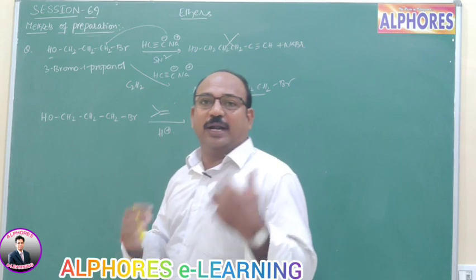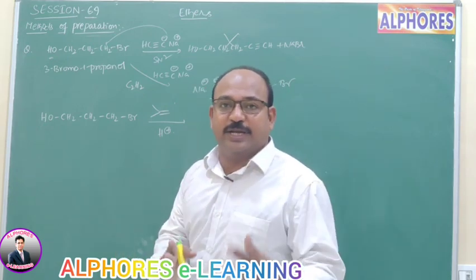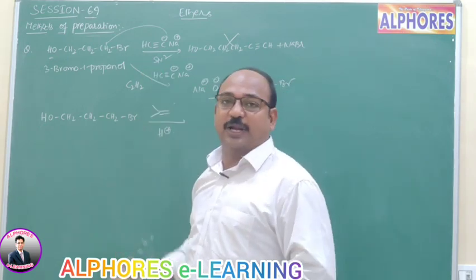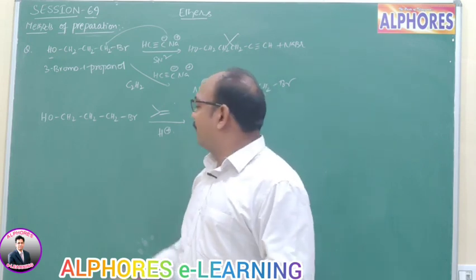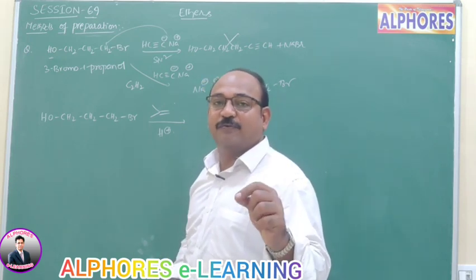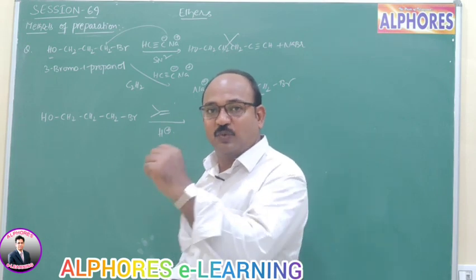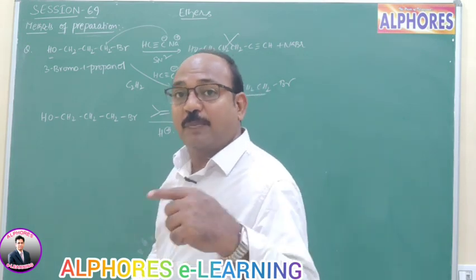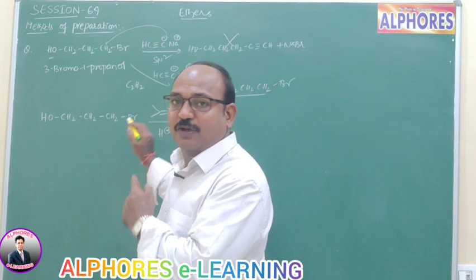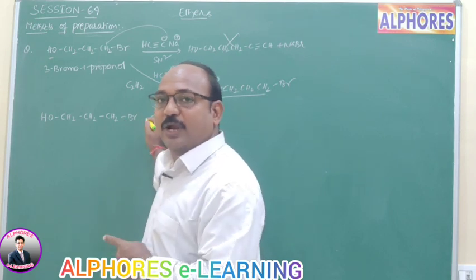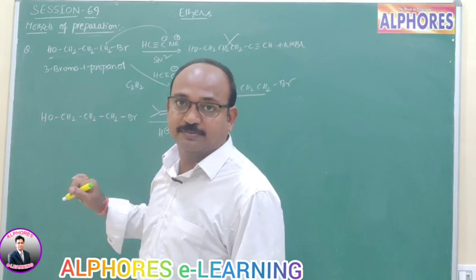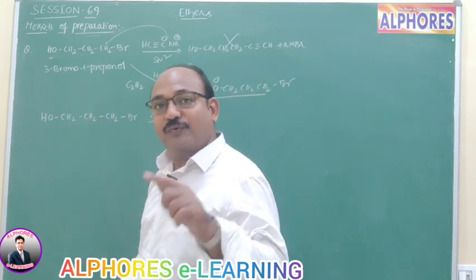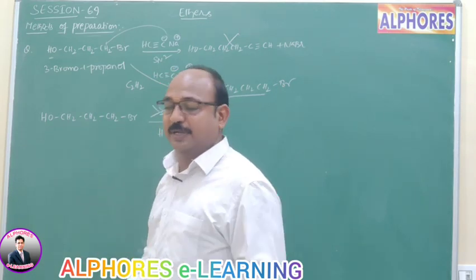So what do we have to do to get the substitution product? First, addition of H plus to the alkene leads to formation of a carbocation, and the carbocation reacts with this gamma-haloalkane, followed by hydrolysis. Let us see what happens.